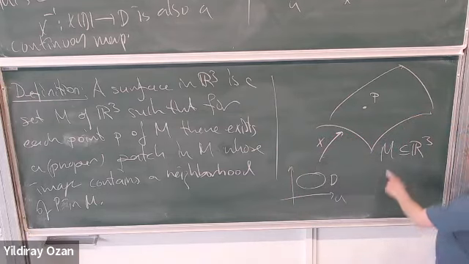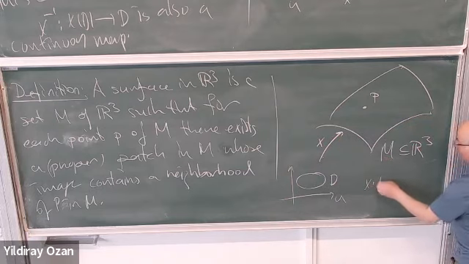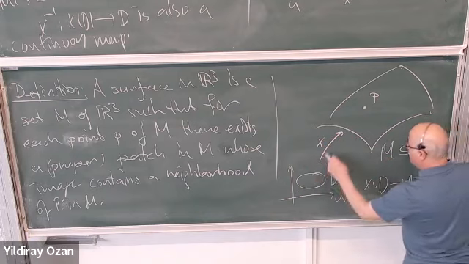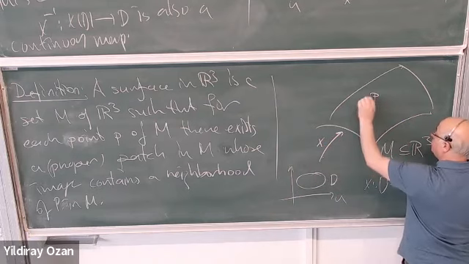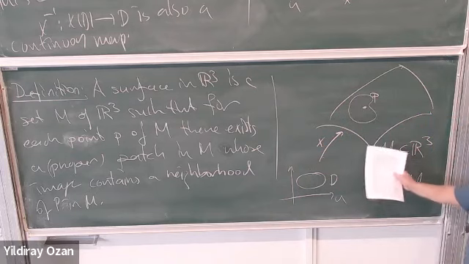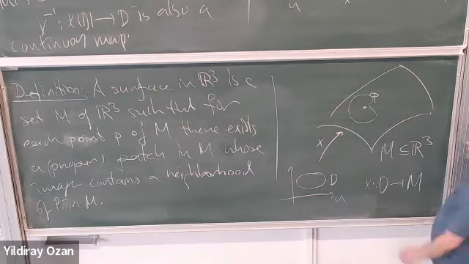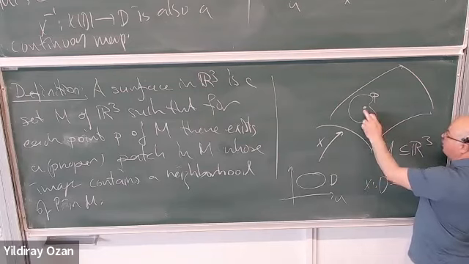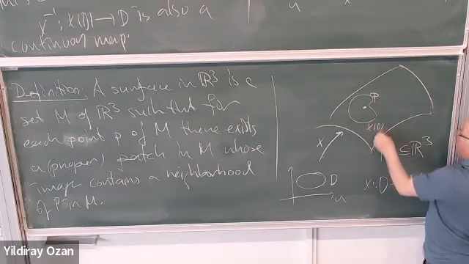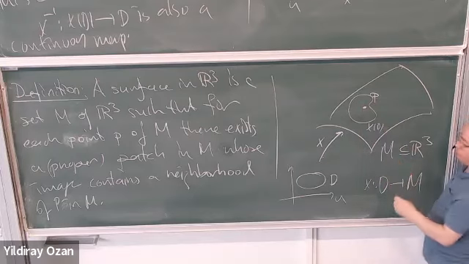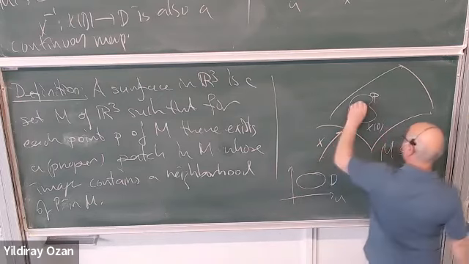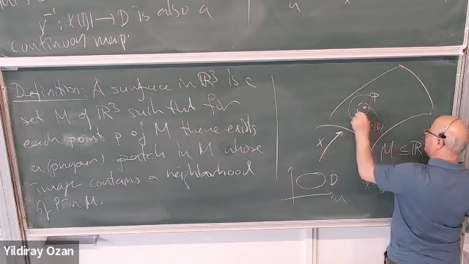Its image should be inside M, and the image of D should contain a neighborhood of the point P. In other words, this point P should be inside this image, X of D. It shouldn't be on the boundary, so there should be an open subset here, like this, okay?